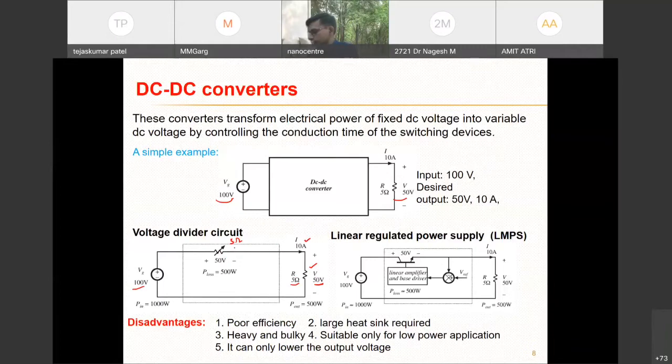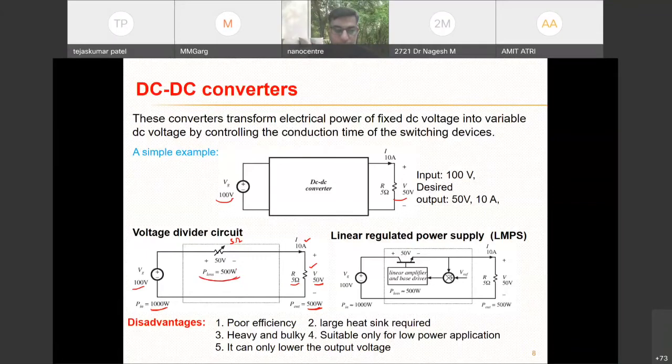So there will be 10 ampere current through this resistance. I need to connect a resistance and vary it in such a way that with the 100 volt input, the output voltage is 50 volts. So 50 volts should be dropped across it, and in this case the resistance value will be 5 ohm only, the same, right?